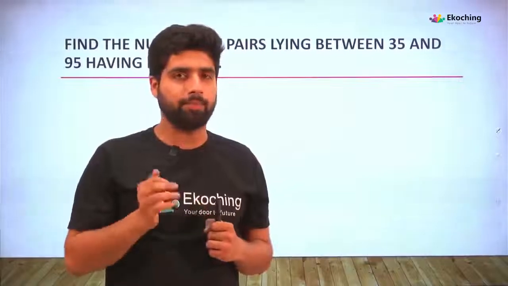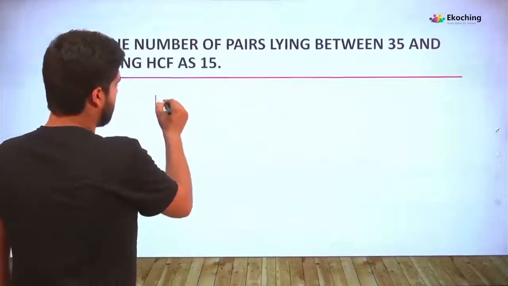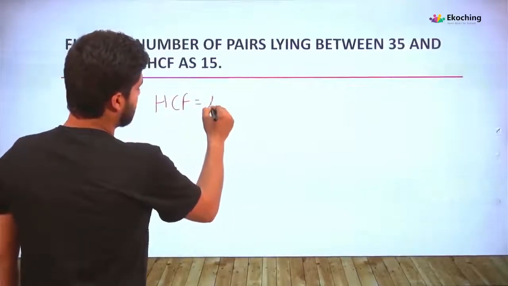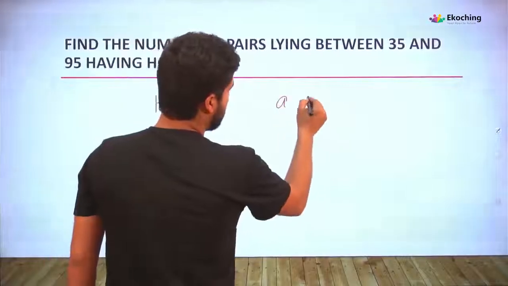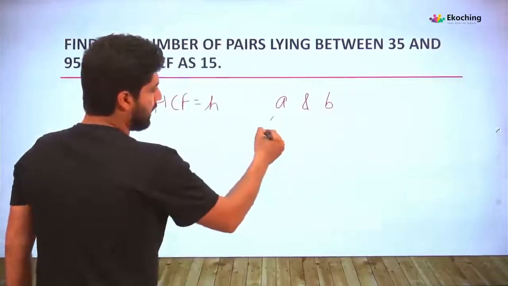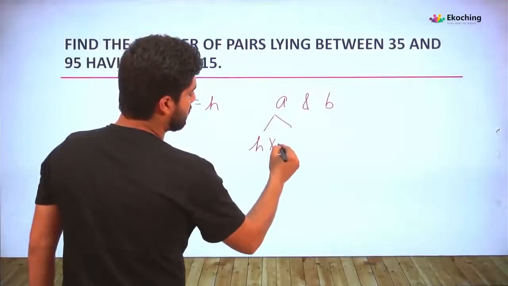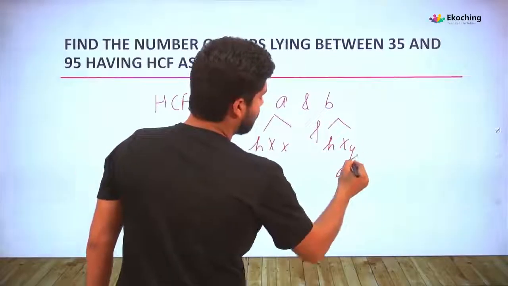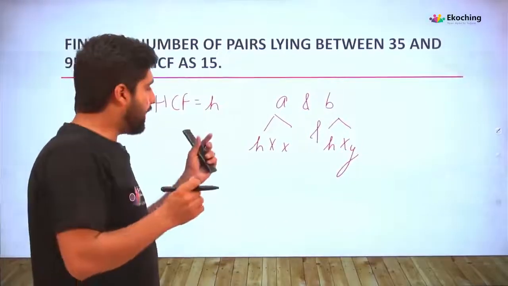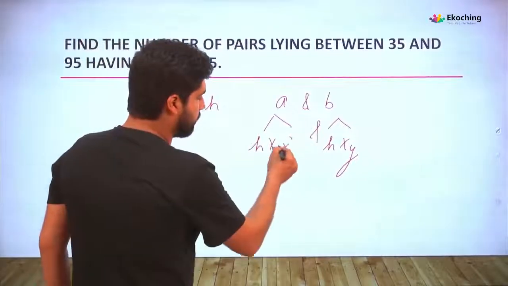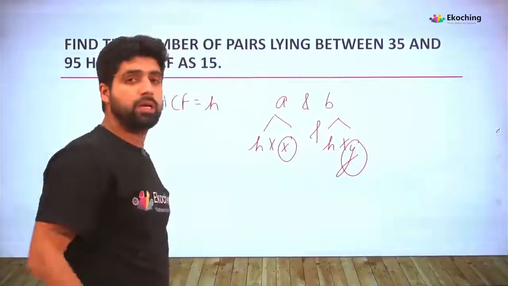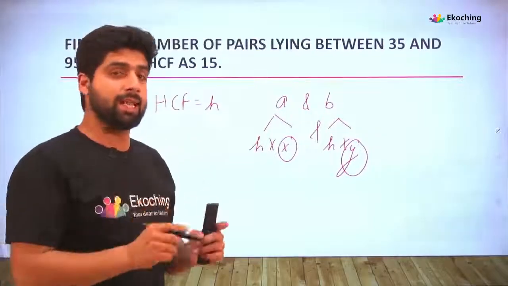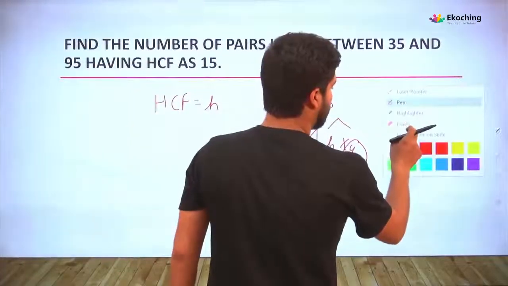Whenever we find the HCF or LCM of two numbers, suppose I denote HCF with H and the two numbers as A and B, then A can be written as H into X and B can be written as H into Y. If I take out this H, or HCF, then these two numbers X and Y must be co-prime to each other. The same logic we are going to use for this particular question.